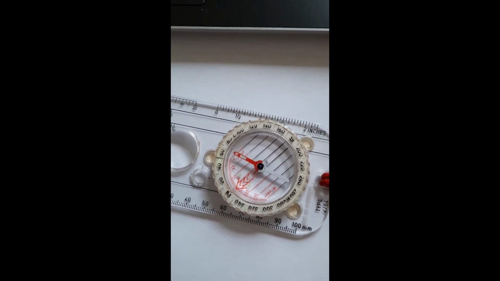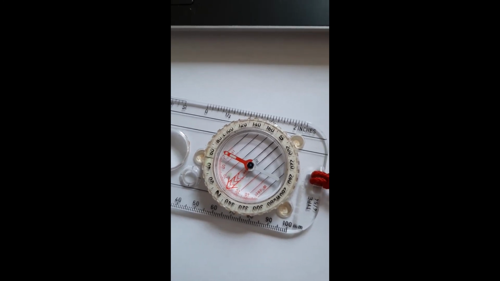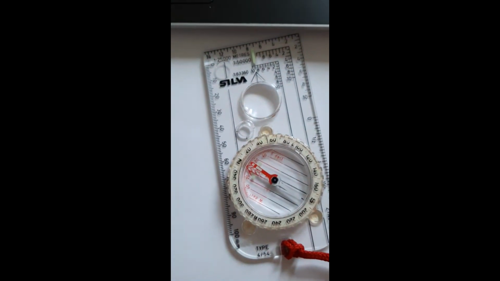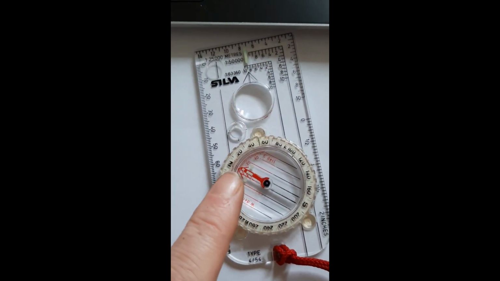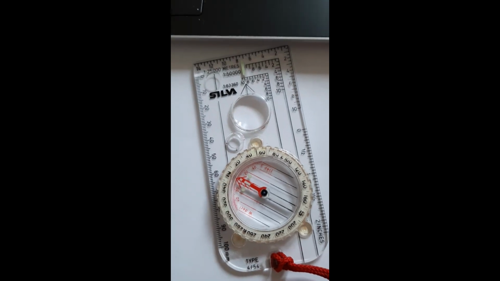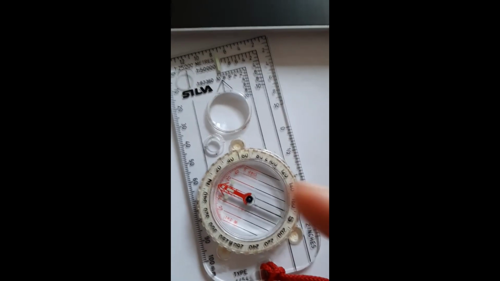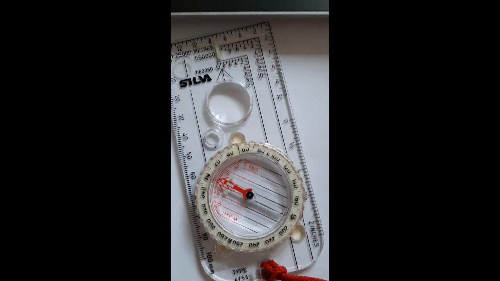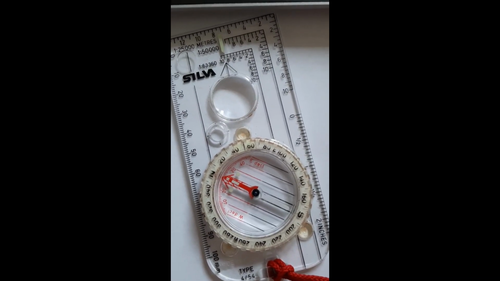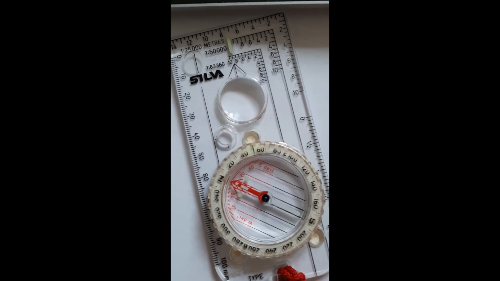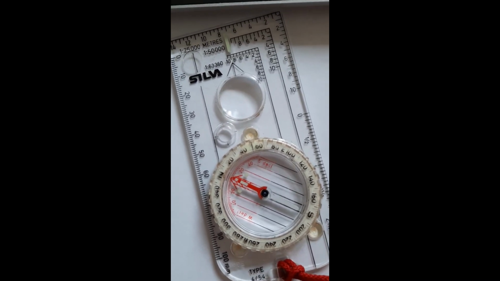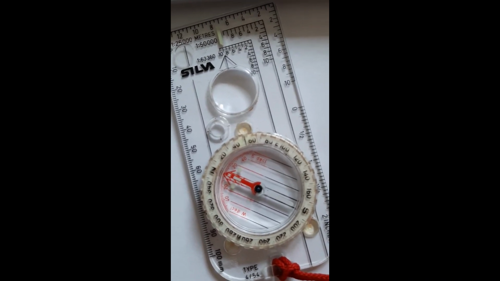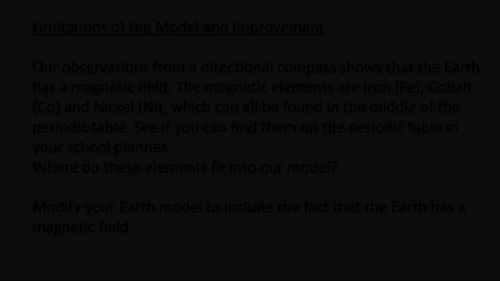Now it does not matter which way you point your compass, the north-seeking pole will always face north. So you can see in this case, north is that way. This shows that the Earth has a magnetic field. Now, nowhere in our model have we taken into account a magnetic field.